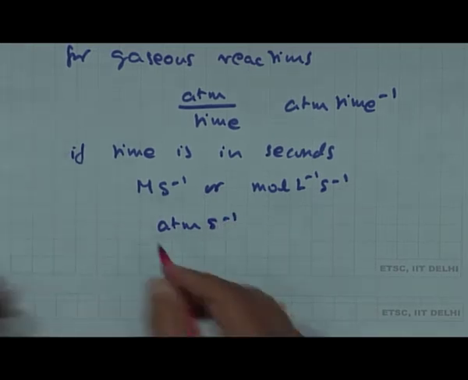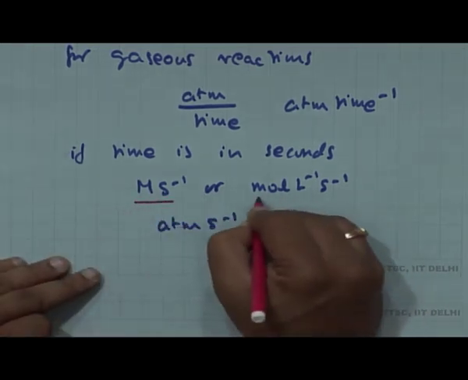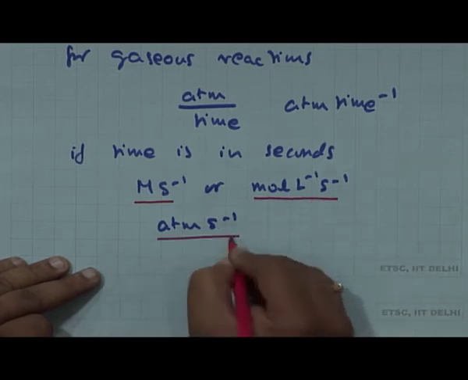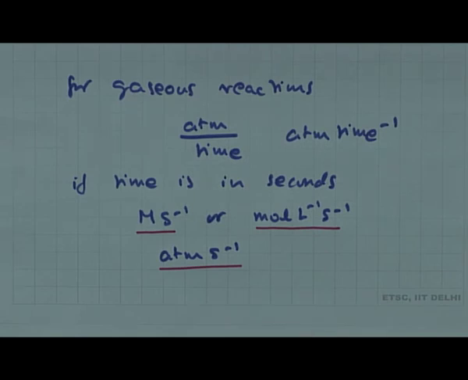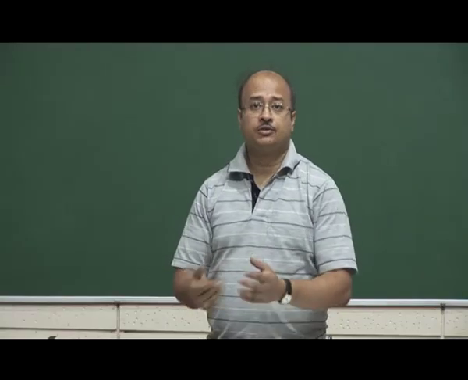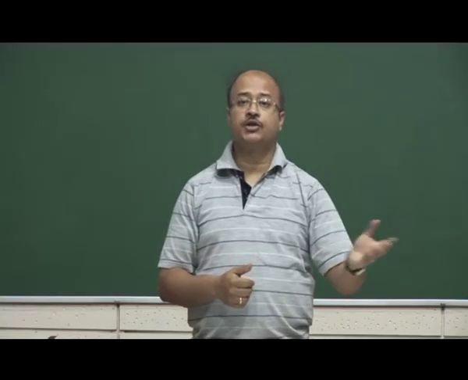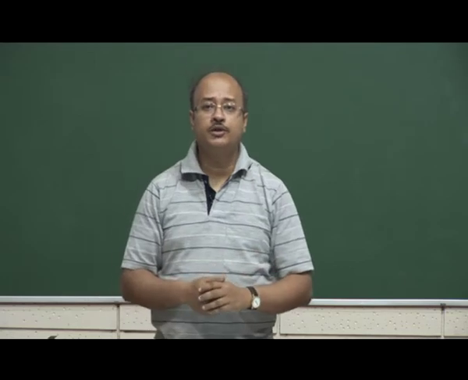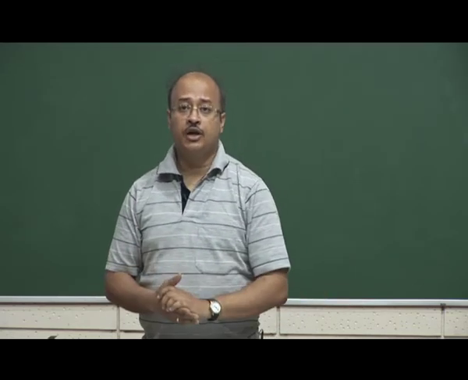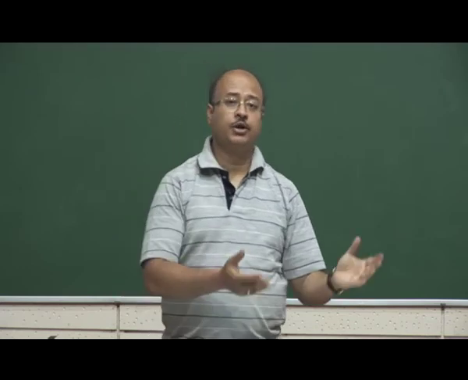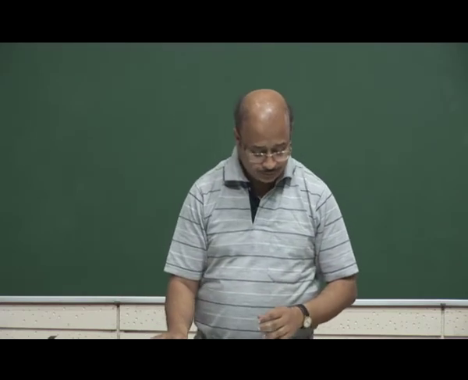This is very straightforward, because the rate is how the concentration is changing over time. If your concentration is in molar units, you put in moles per liter. If it is in atmospheres, for gaseous reactions, you put in atmospheres, and so on.